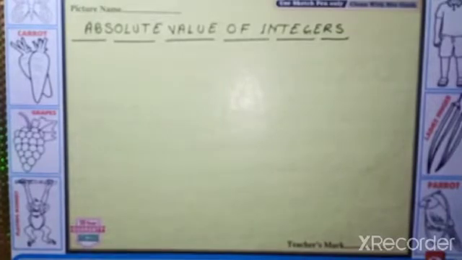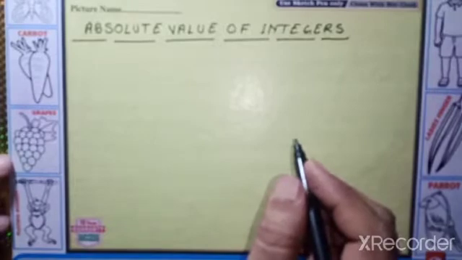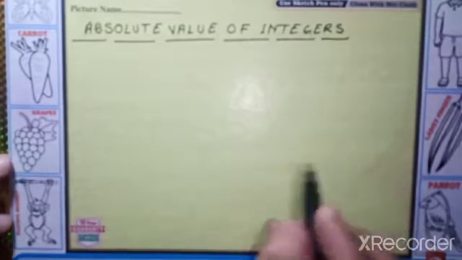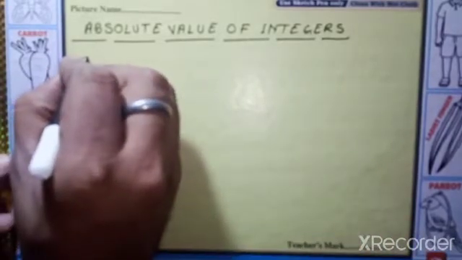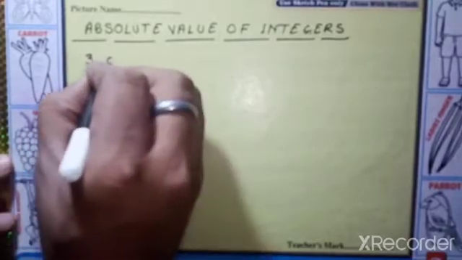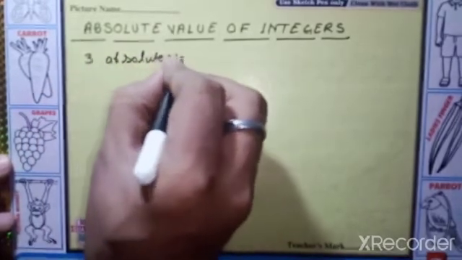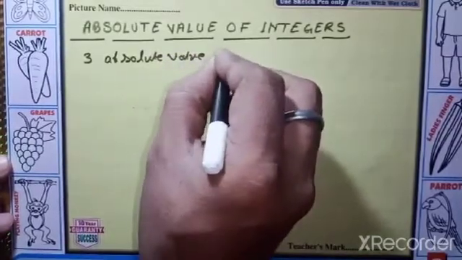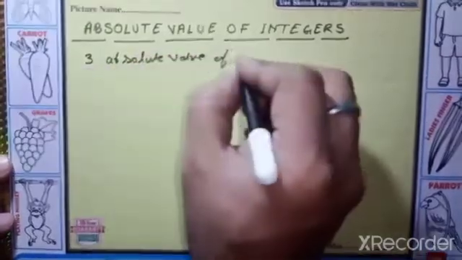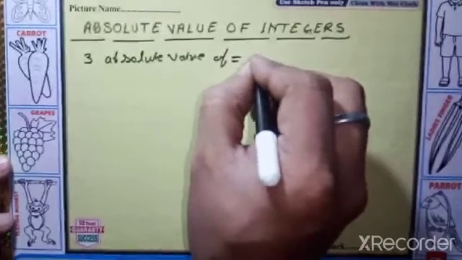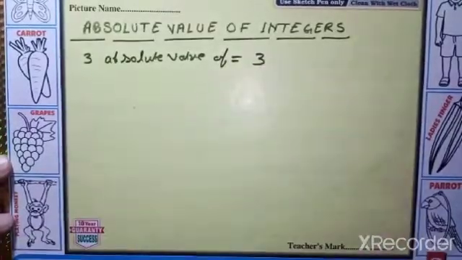Now next, absolute value of an integer. Absolute value of an integer means its numerical value.